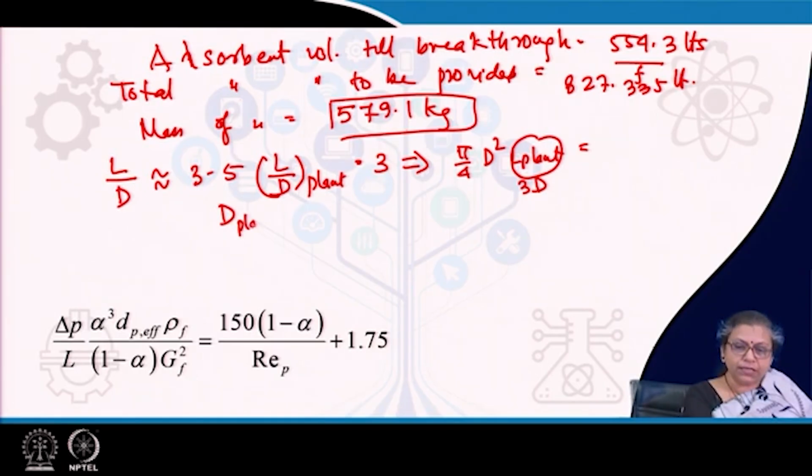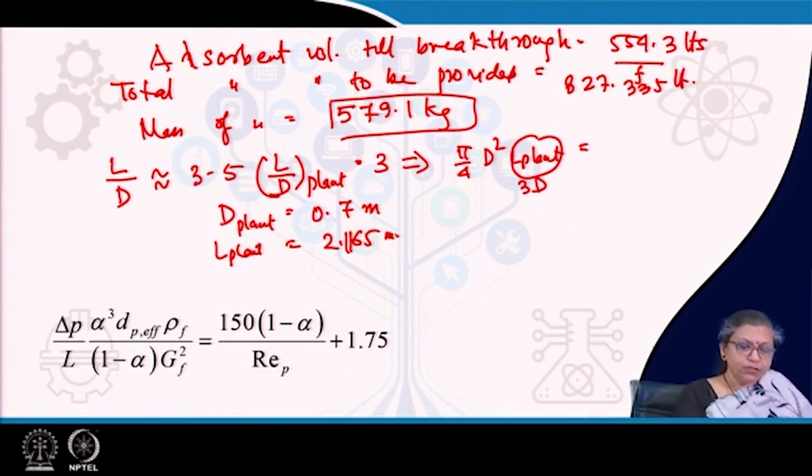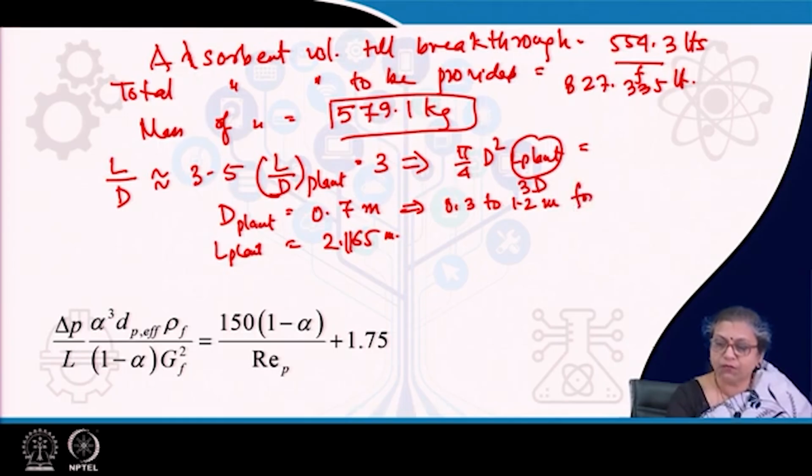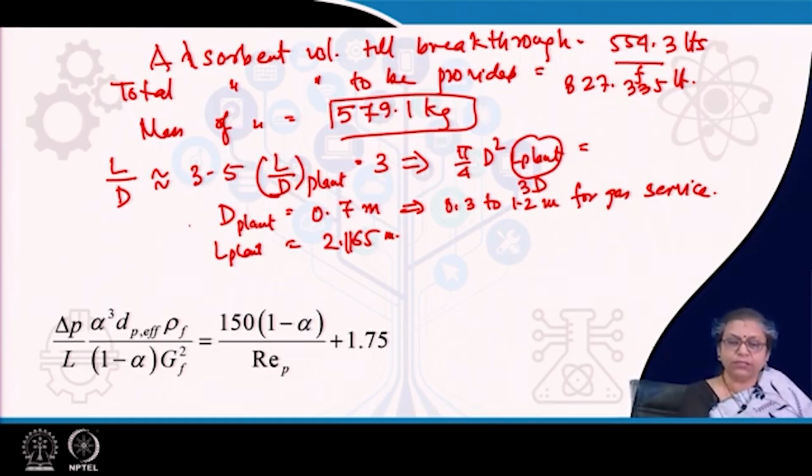For our particular case, D plant is nearly equal to 0.7 meters, and L plant is about 2.1165 meters. So, we find that for gas services the diameter of the plant lies between 0.3 to 1.2 meters, and we had done this calculation just to accommodate this, and now we find that this is fine.